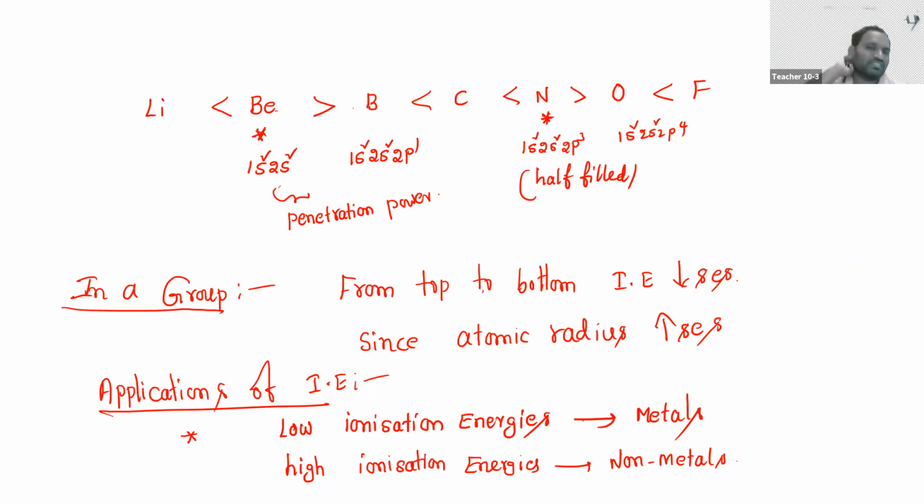Metalloids we can't explain because those exhibit both characters. Those are in between.